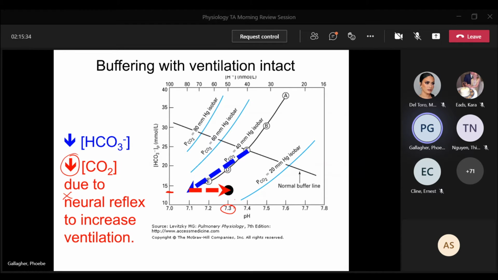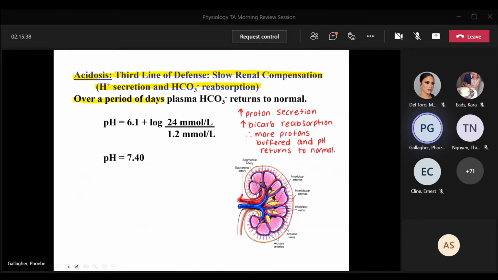So now we just have to fix our bicarbonate concentrations. That's the last step. This is the slow renal compensation. Make sure you understand that this is going to occur over a period of several days. It takes a while to really fix it, but you can think of it as being more permanent.